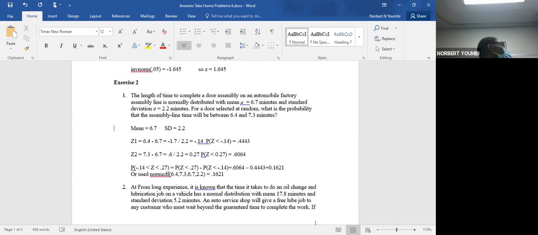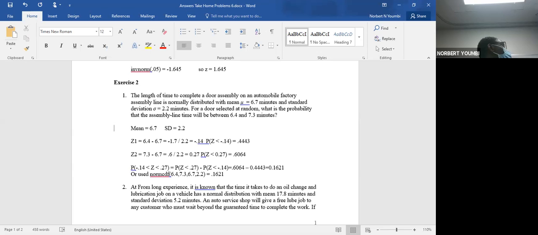X is a normal distribution with mean 6.7 and standard deviation 2.2. So you want to find the probability that X is between 6.4 and 7.2.